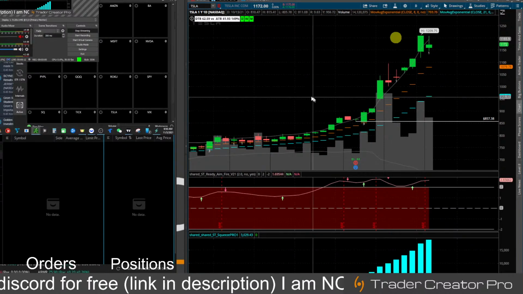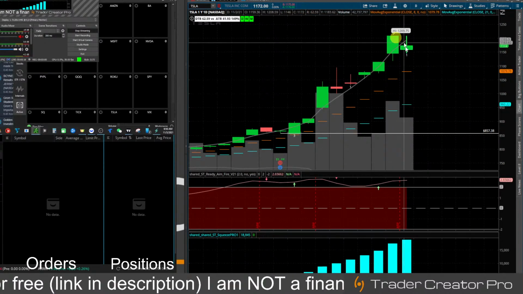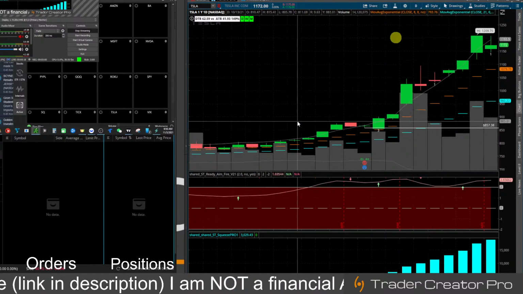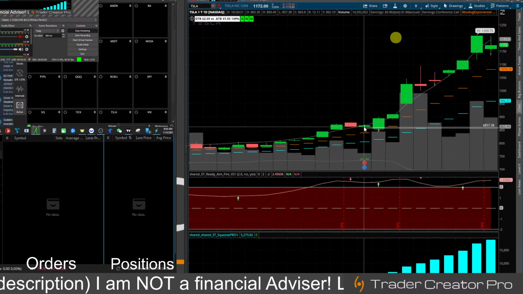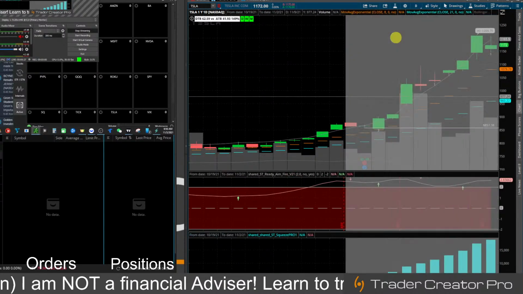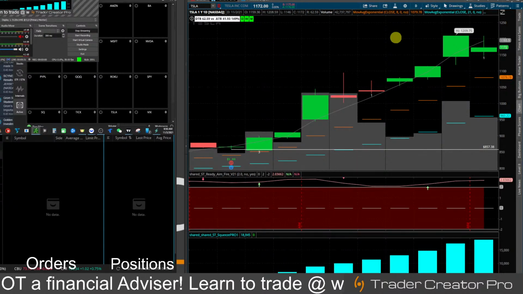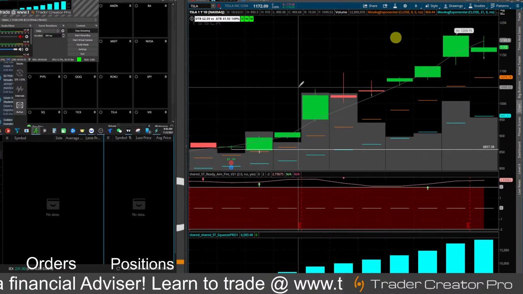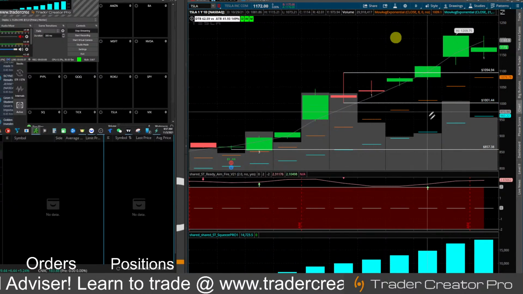Anyways, so with these 1s and 3s, a 1 means that it's inside the range of the previous day. A 3 means that it's outside the range of the previous day, breaking both the high and the low, so that makes it a 3. You'll notice on this candle, it's in between the high right here and the low, so it's stuck in between.